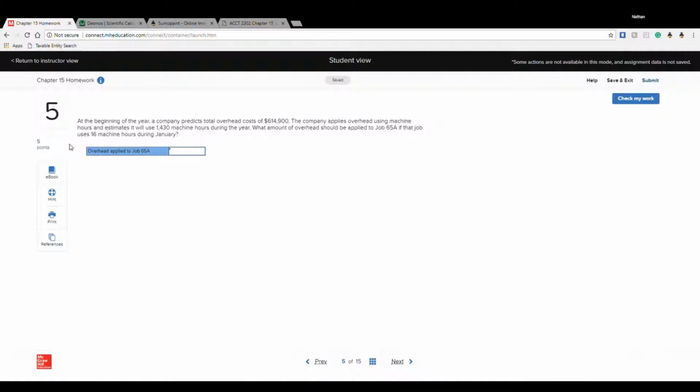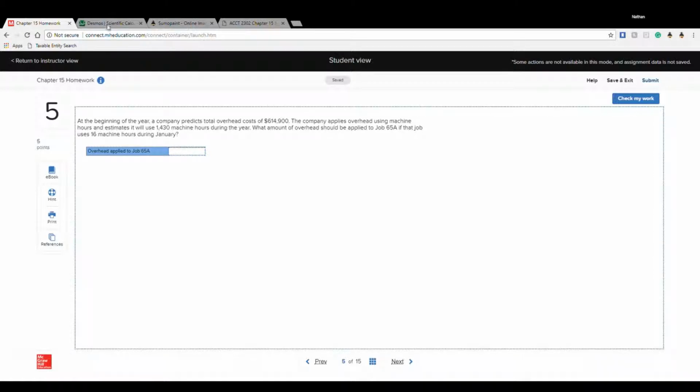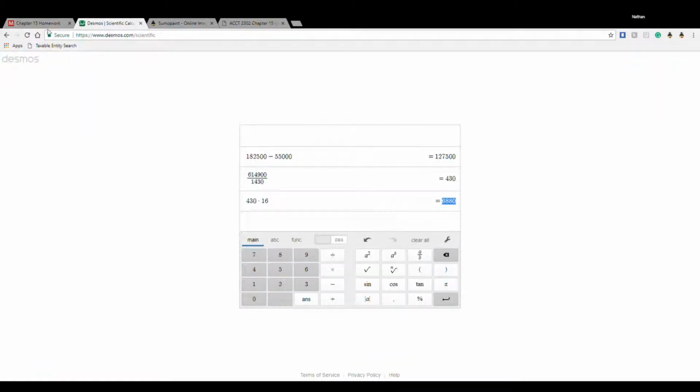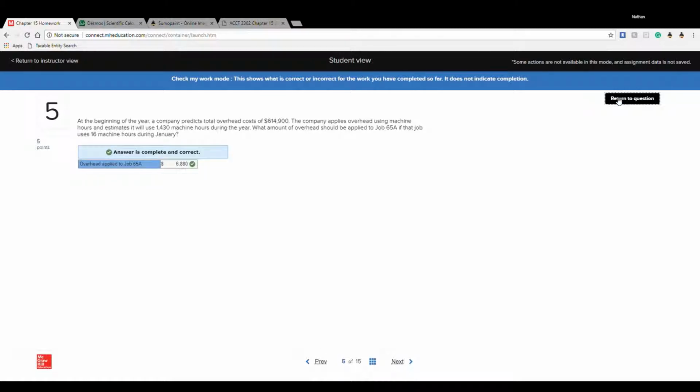So if job 65A takes 16 of those machine hours, take the 430 times the 16, and we need to apply $6,880 in overhead to that job. Let me make sure, yep, and boom, your answer is correct.